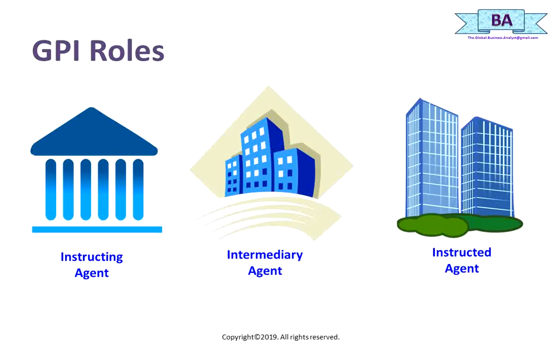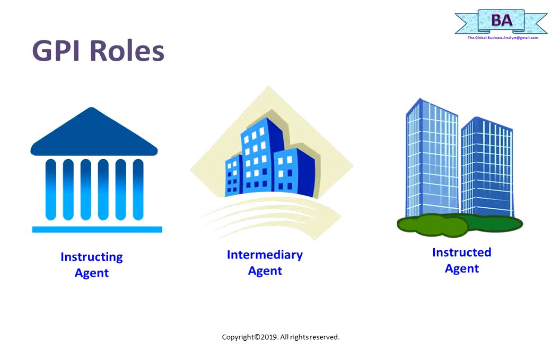As the name suggests, we have the instructing and the instructed agent, and one agent acting as an intermediary. The instructing agent is the first GPI agent that instructs the next GPI party in the transaction chain to carry out the GPI instruction. It can be just one instruction or a set of instructions.